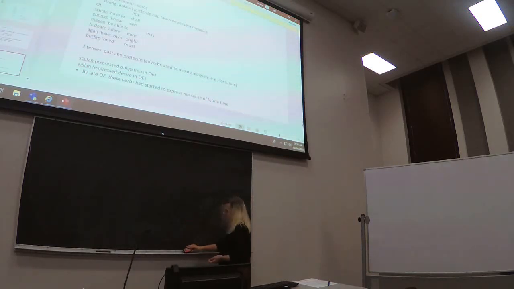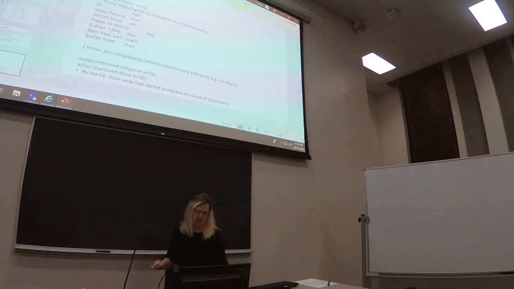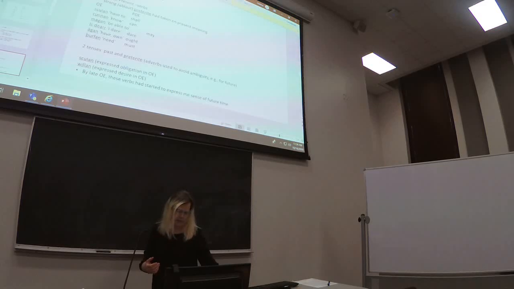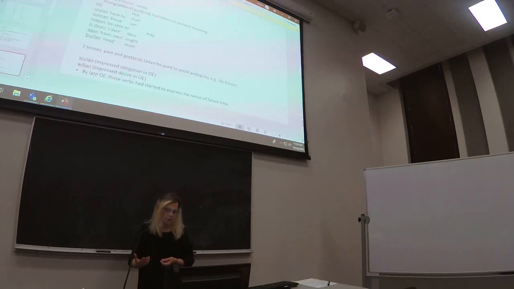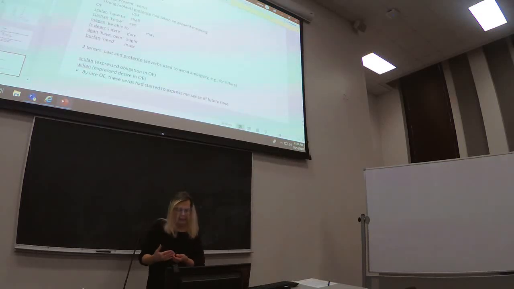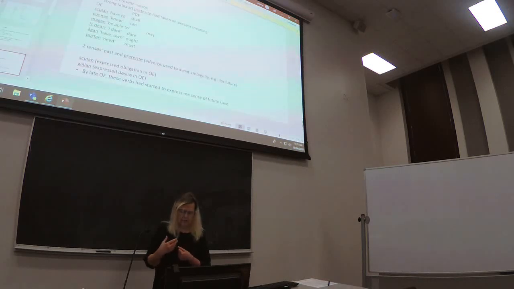So this has remained the same. Also Schulan expressed obligation in Old English. Willan expressed desire. But by late Old English, these verbs started to express the sense of future time.